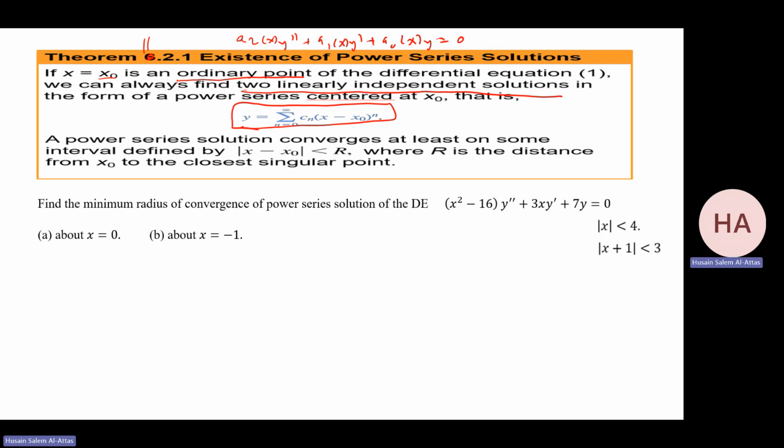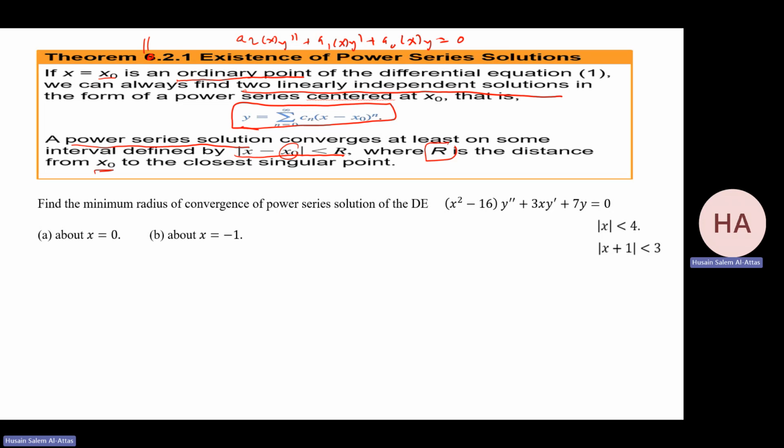Not only that, this is a power series solution, and it will converge at least in some interval defined by this. x0 is my ordinary point. Capital R is the distance from x0 to the closest singular point.